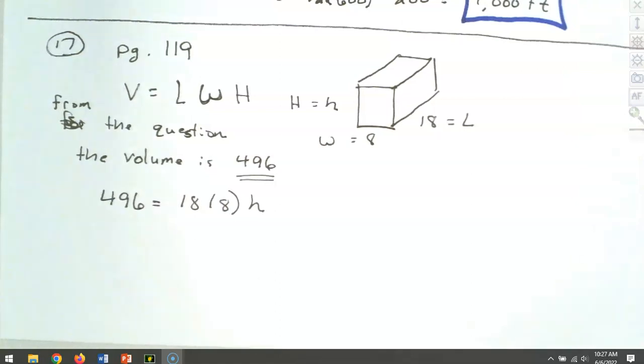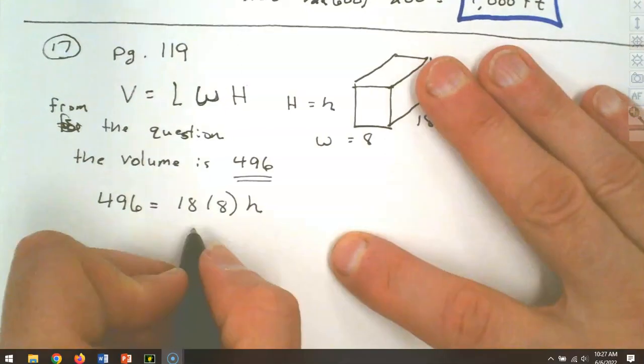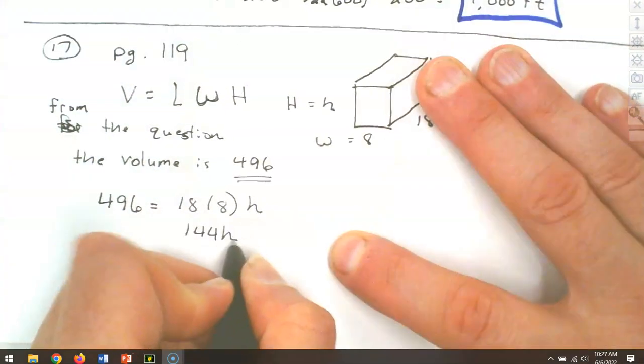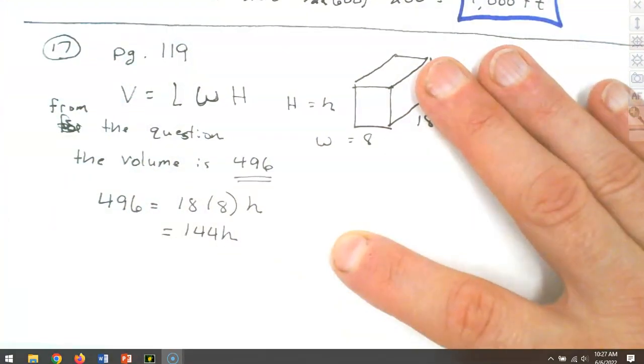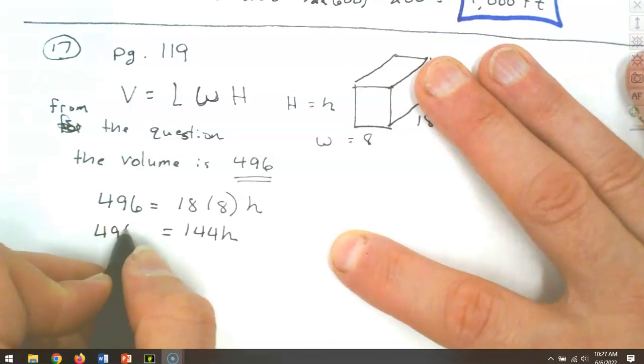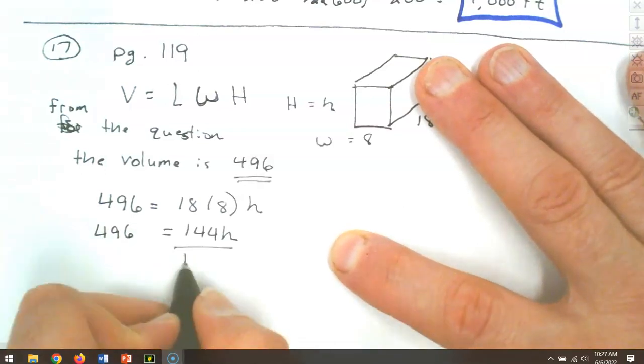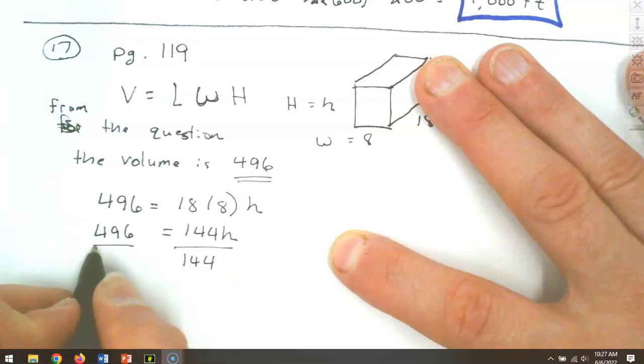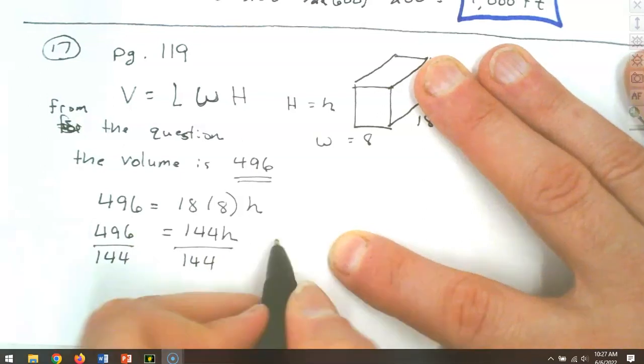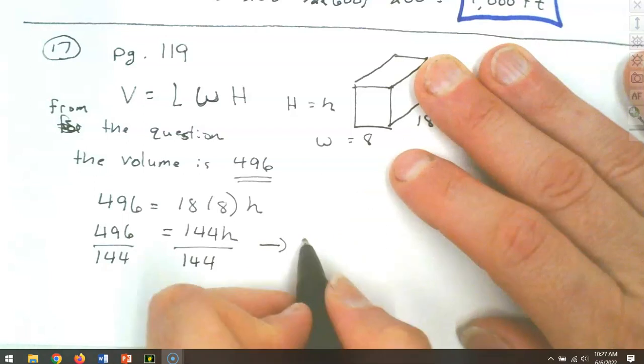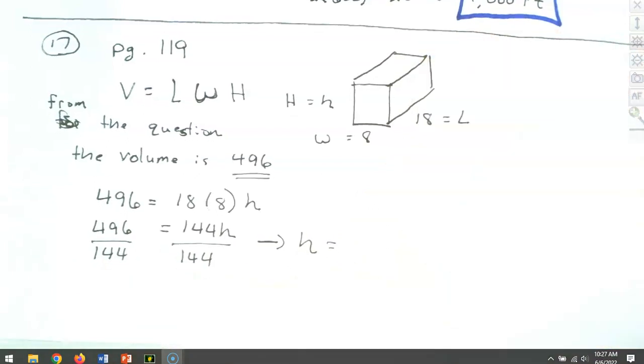And 18 times that 8, that's 144. We've still got the h with it. How do we finish it? We divide it by 144. Those all cancel, so that gives us then h is going to now equal 496.